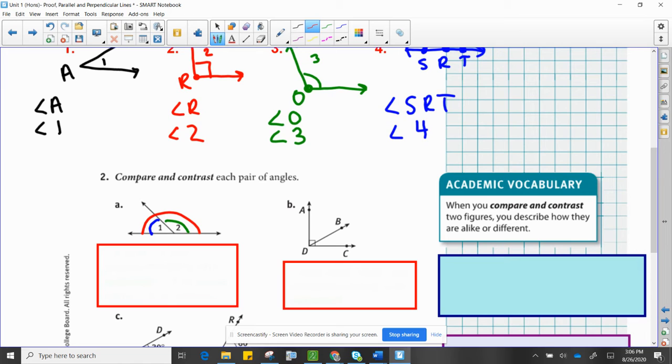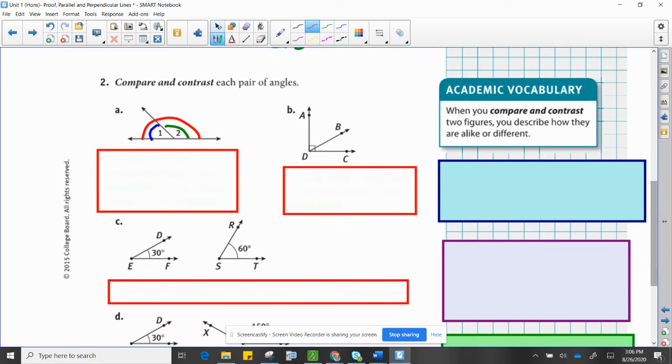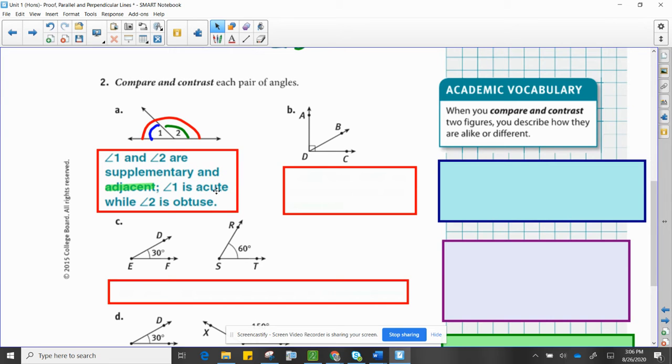It's going to make a straight line. So we have a couple vocab here that I have under these little boxes. We already said angle 1 is acute, angle 2 is obtuse. What they're also calling these angles are supplementary and adjacent. So let's talk about what that means.